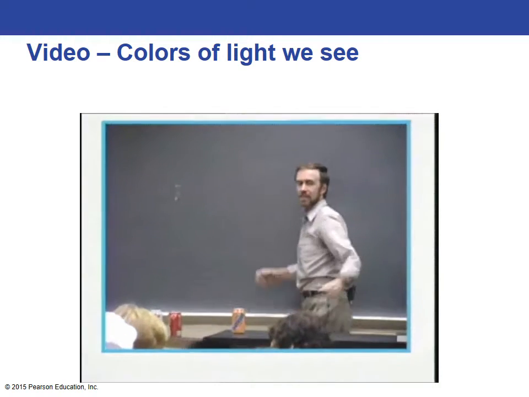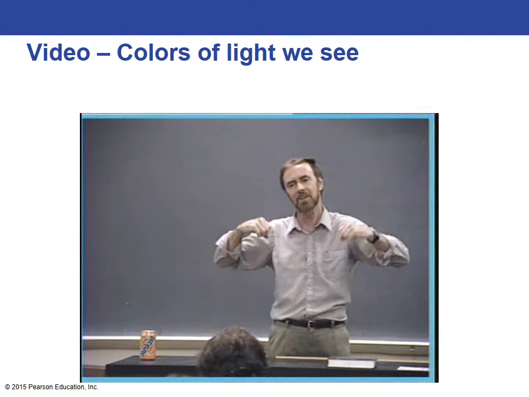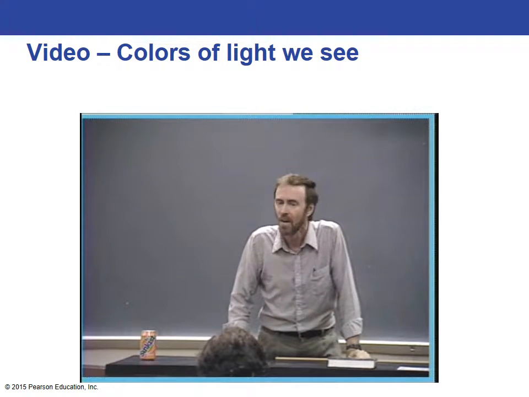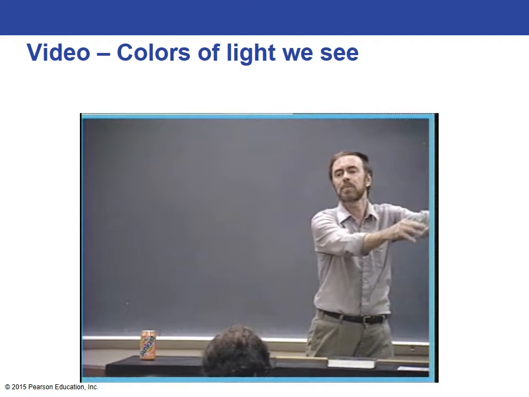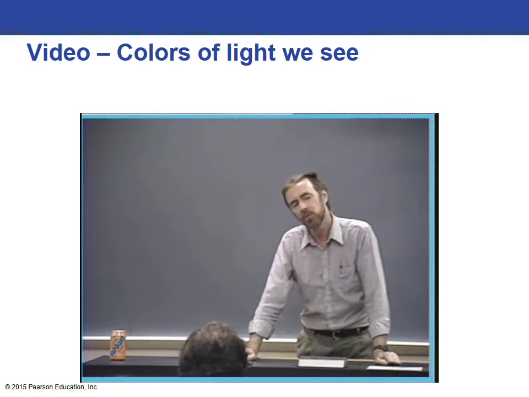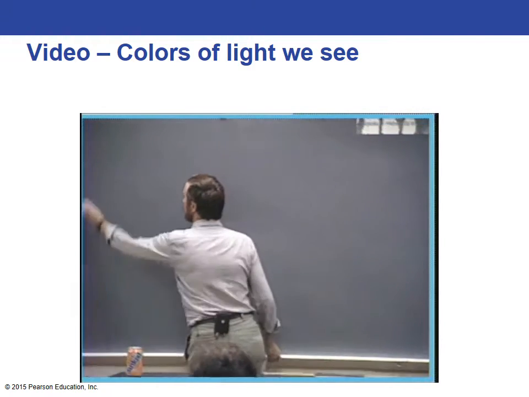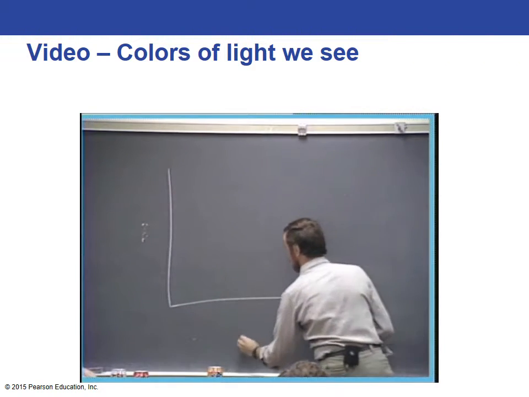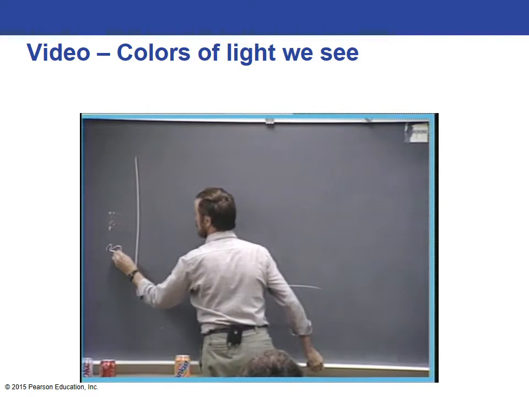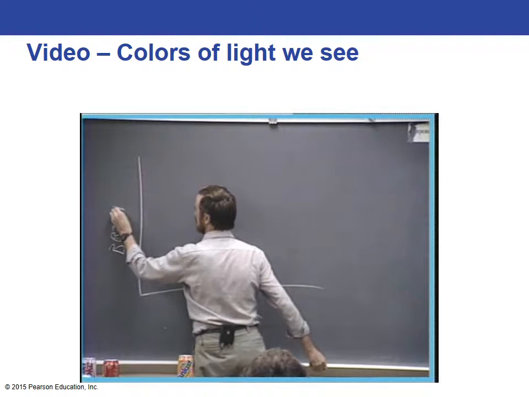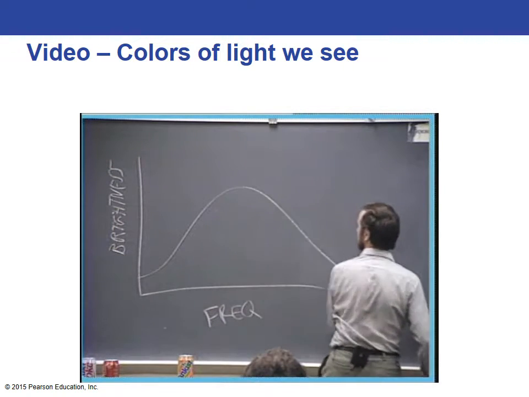The sun beats down, emits light. Why does the sun emit light? Honey, those electrons in that sun are shaking like crazy. All kinds of frequencies, okay? And so what you get is all kinds of frequencies of light coming down to us. And if we made a graph of the frequencies of light versus the brightness, we'd get something like this.